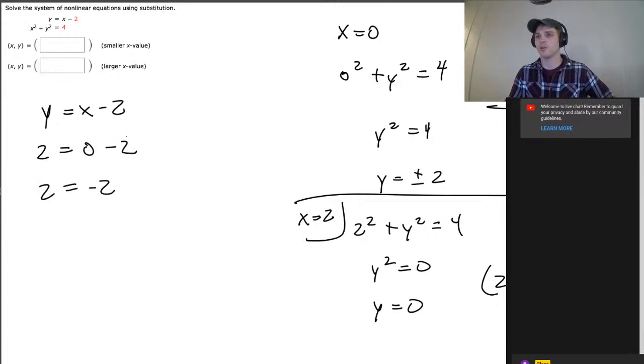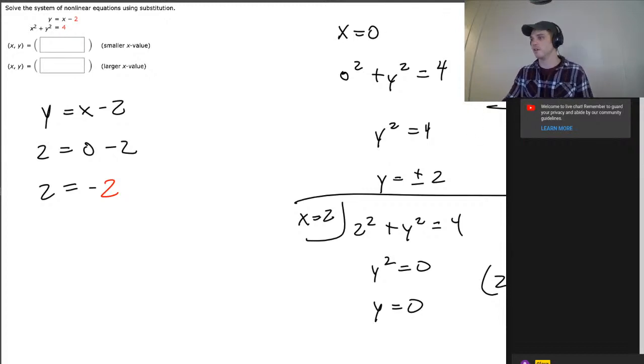And so 2 does not equal negative 2. What this means is that this particular solution is a solution to the second equation. If you plug that into the second equation, it would solve it. But it does not solve the first equation. So that means it's extraneous, it's extra. So we just want to throw this guy out. He's gone. But 0, negative 2 solves both of them, and 2, 0 solves both of them.